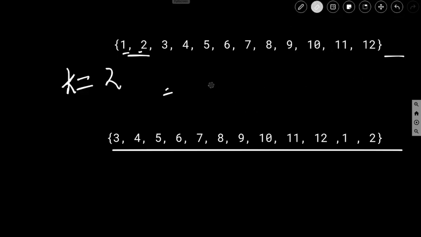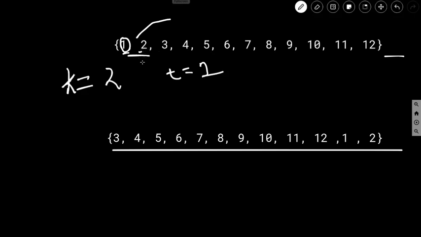Another approach would be something like this: we shift the digits one by one. In that case we don't want to take another array. We will choose a particular value, like I have chosen 1, and store it in a temporary variable, like suppose t equals 1. After that I will shift all the values of the array by n minus 1 times.